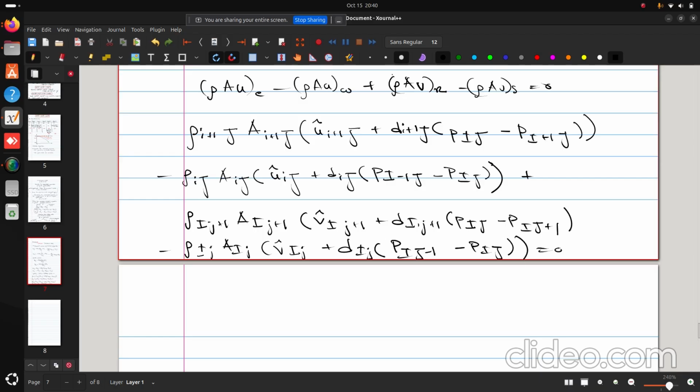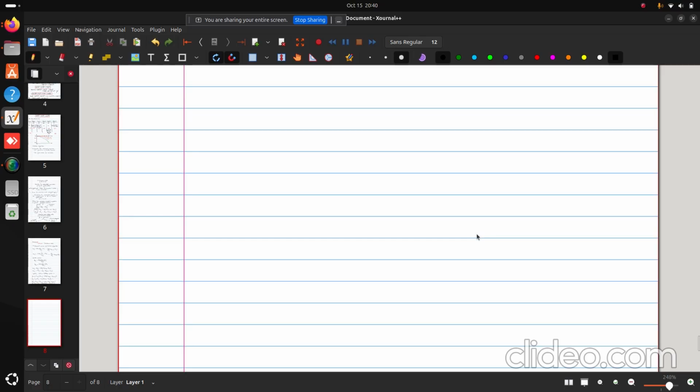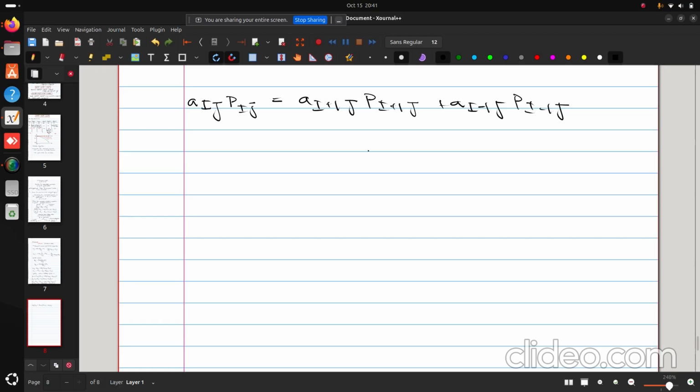Okay, so now that we have this, we can then simply arrange it in terms of the pressure and not the pressure correction. Okay, so we will have something like this. A capital I capital J, P capital I capital J is equal to A capital I plus 1 capital J, P capital I plus 1 capital J plus A capital I minus 1 capital J, P capital I minus 1 capital J, and so on.